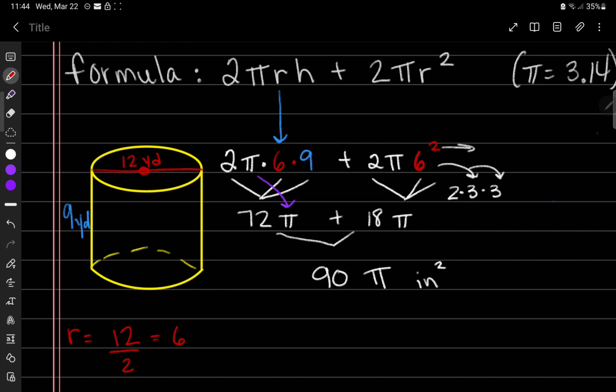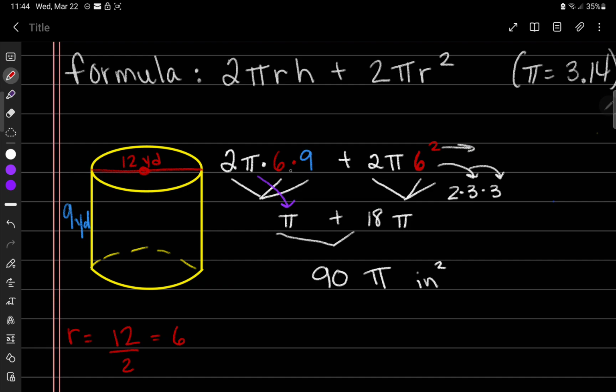I think for the other ones, I was writing height here and radius here. It doesn't change the answer. I just realized that I wrote h first and then r in my equation, but it doesn't change the answer. But this is r h, radius, height. Okay, so that's the only difference.